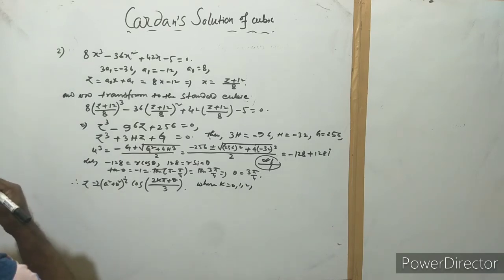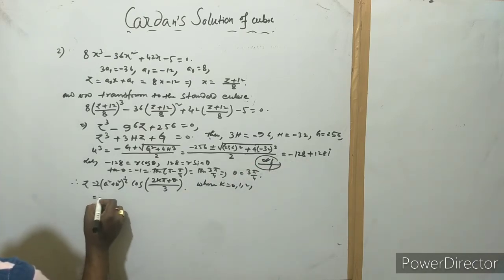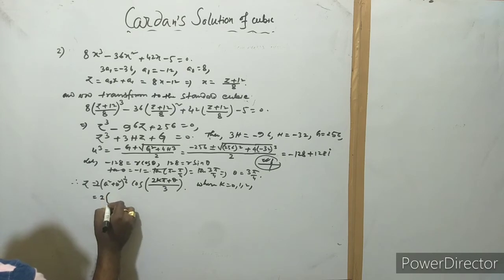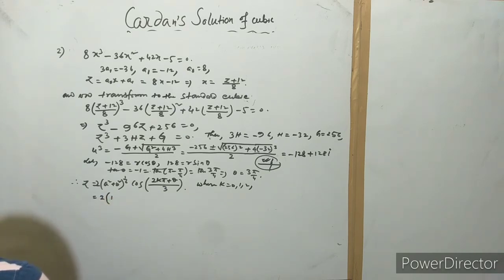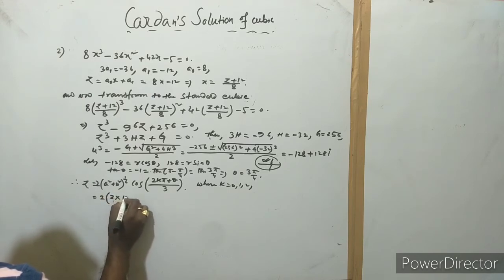Now a plus i b, actually this is a and this is b, so you get here 2 into within the bracket a square plus b square, this is a square plus b square, and 2 times of 128 whole square.